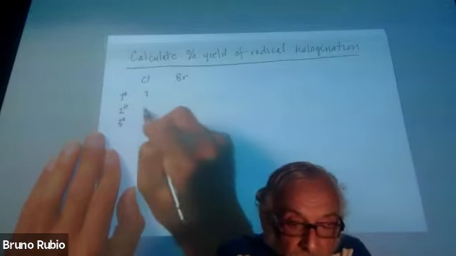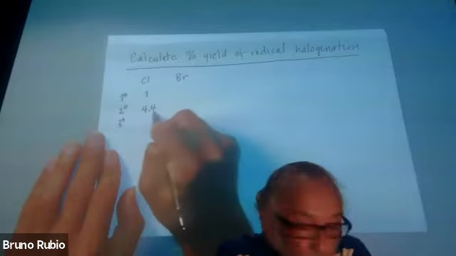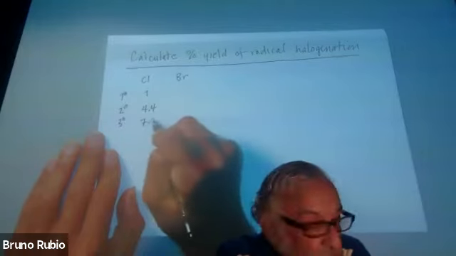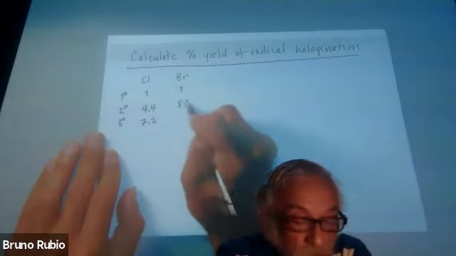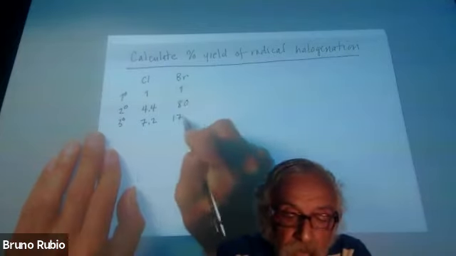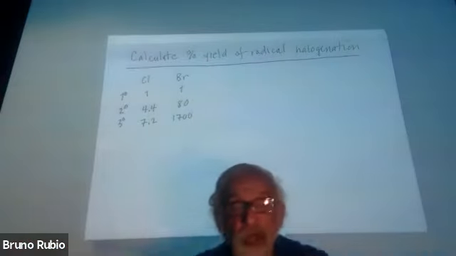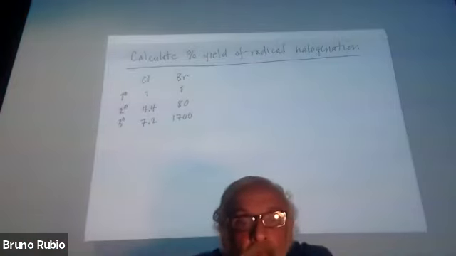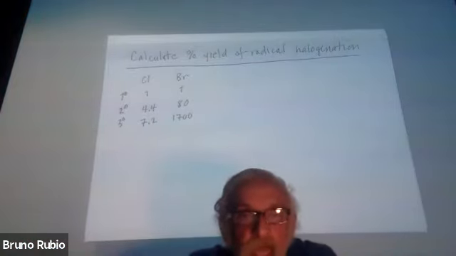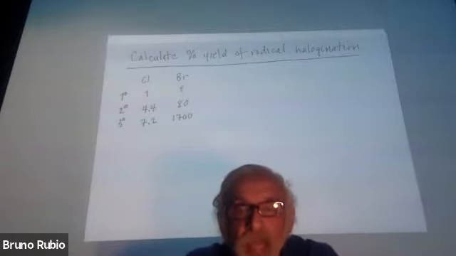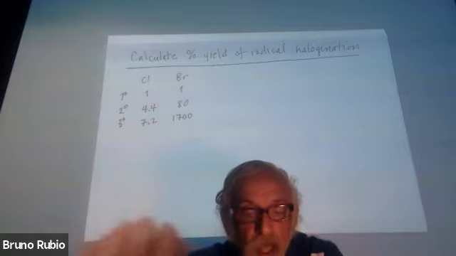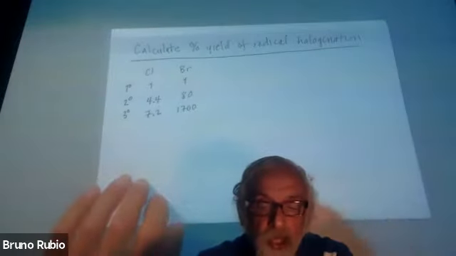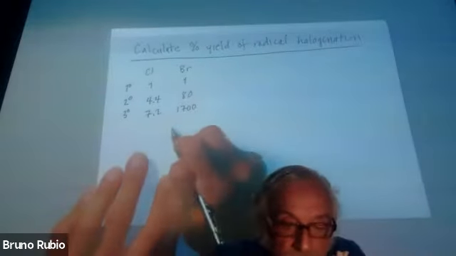These numbers actually move around based on the temperature of the reaction and also whether the reaction is photochemical or thermal, right? I think this is the data set that I gave you last time. These are the reactivity factors or the selectivity factors. Okay, so let's try this out again.